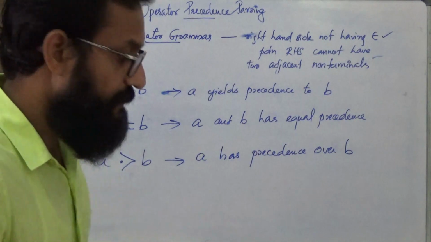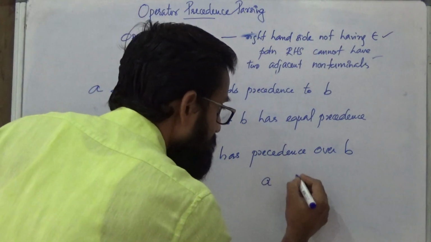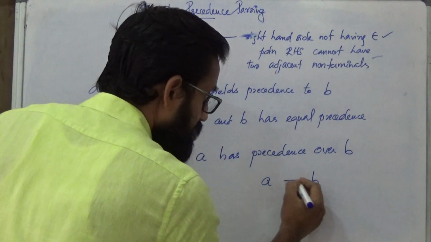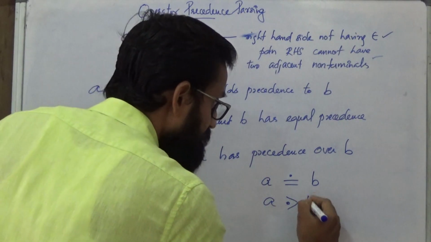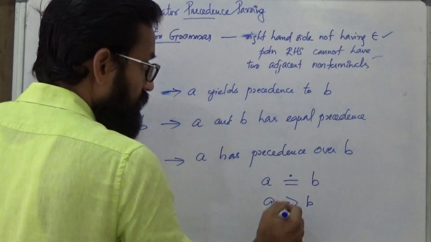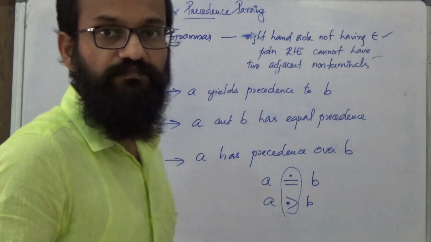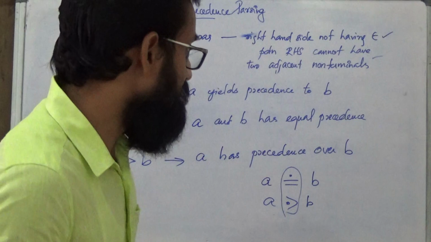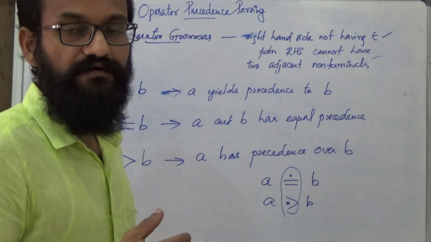The reason is that for some grammars, assume you have two terminal symbols A and B. You can have an equal precedence relation between A and B, and again you can have a greater precedence relation between A and B. If there exist multiple precedence relations between any pair of terminals, then you cannot design an operator precedence parser for that grammar, because this leads to ambiguity while parsing.